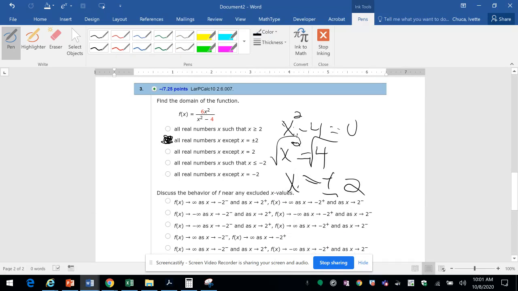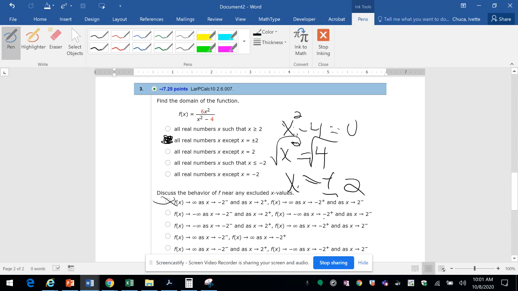So let's look at our choices here. Let's start with negative 2 going from the left side. As we approach negative 2 from the left side, did it go to positive infinity? No. So that's not going to be a choice. If we approach negative 2 from the left side, does it go to negative infinity? Yes. If we approach 2 from the right side, it also went to negative infinity, so that's true.